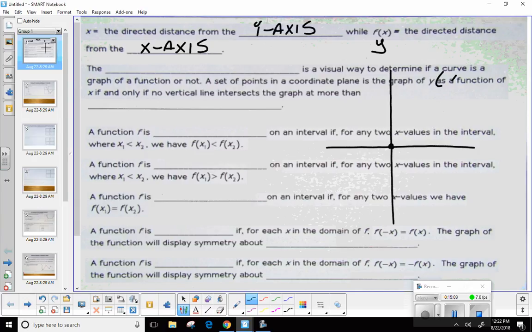Your coordinates are always in the form x comma y, and x always has you moving left and right. So either way you go, you are moving away from the y-axis. And then for the y, you're moving away from the x. Well, good. This one we actually did bring up the other day. The blank is a visual way to determine if a curve is a graph of a function or not.